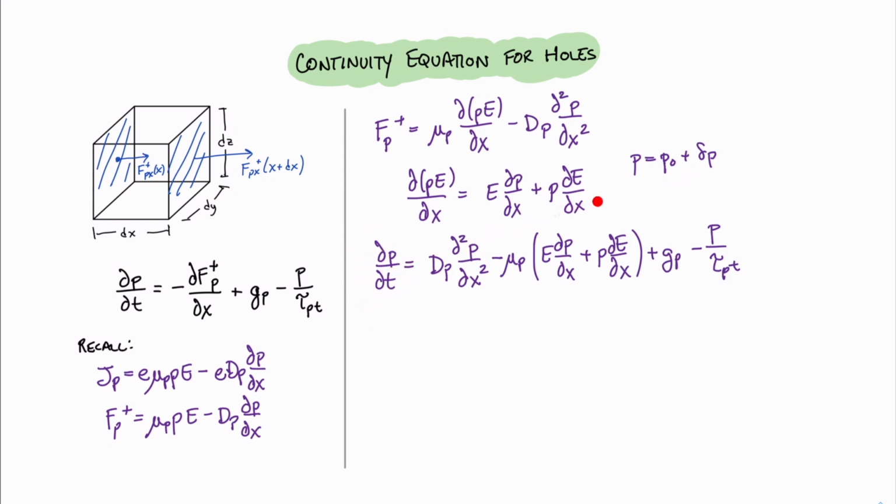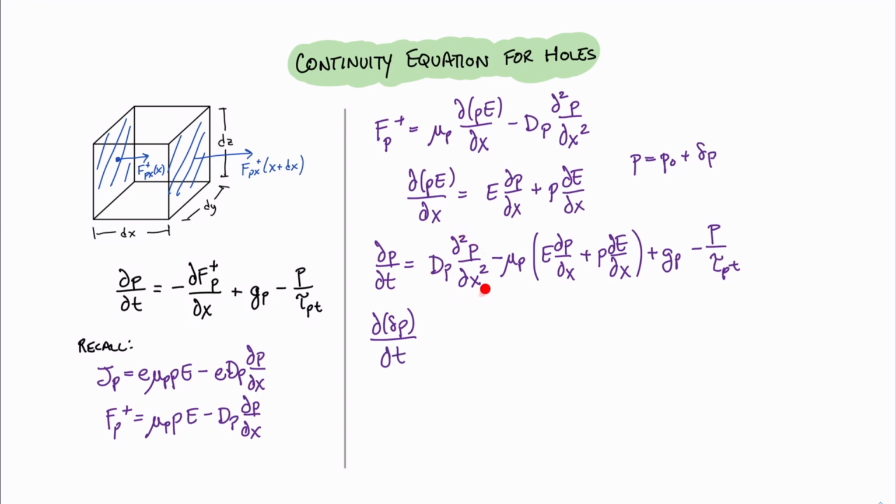Well, let's look at the time rate of change. If we have a homogeneous semiconductor, then the thermal equilibrium portion is independent of time, whereas the excess carriers are not. So we can write this first term only with respect to the excess carriers, d delta p/dt.